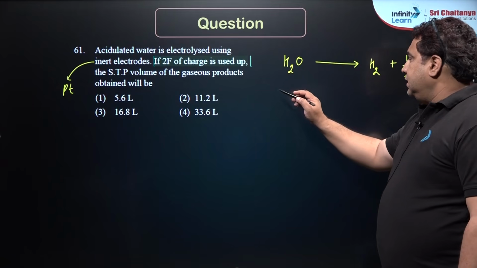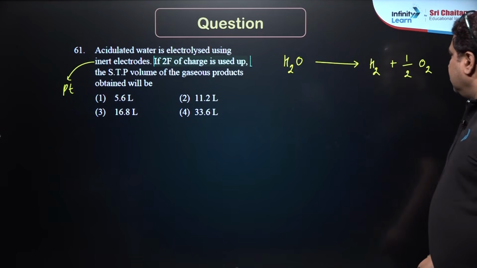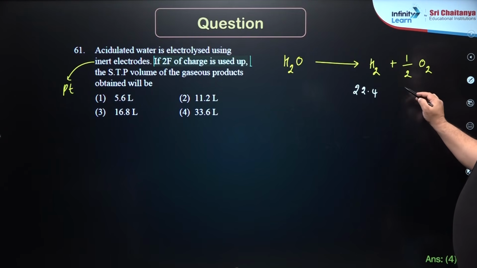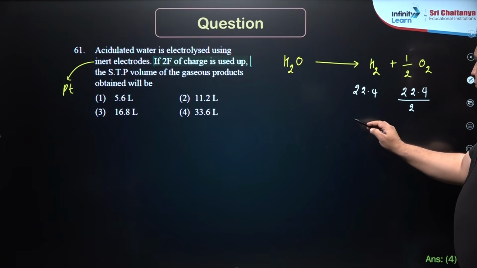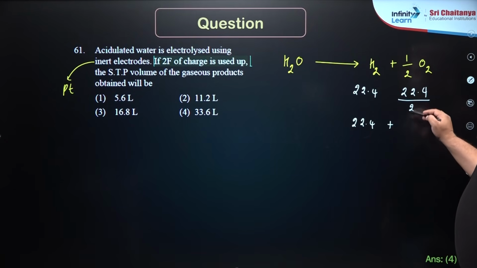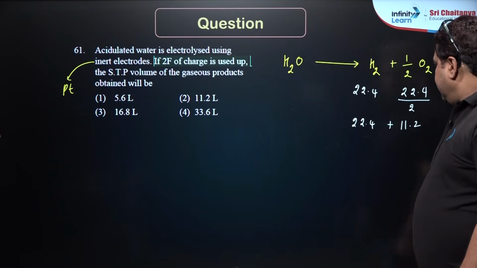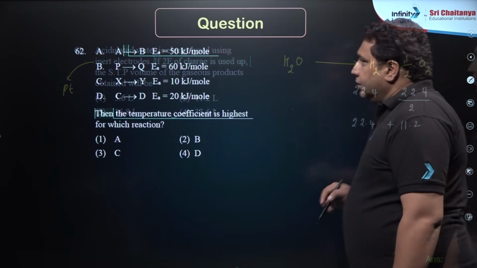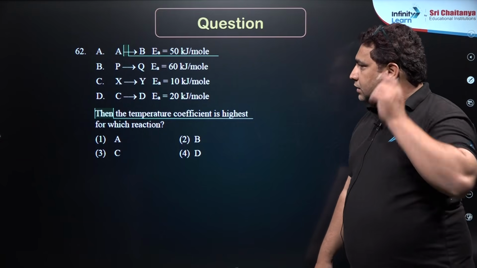So suppose if we take 1 mole, so here you will get 22.4, this is 22.4 upon 2. So this will become 22.4 plus this is 11.2, correct? So it will become approximately 33.6.